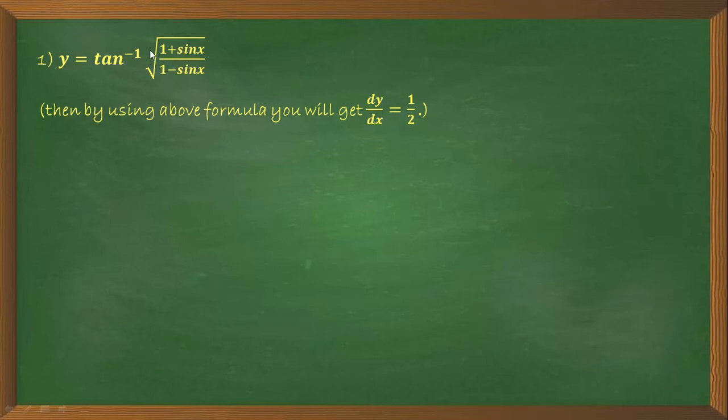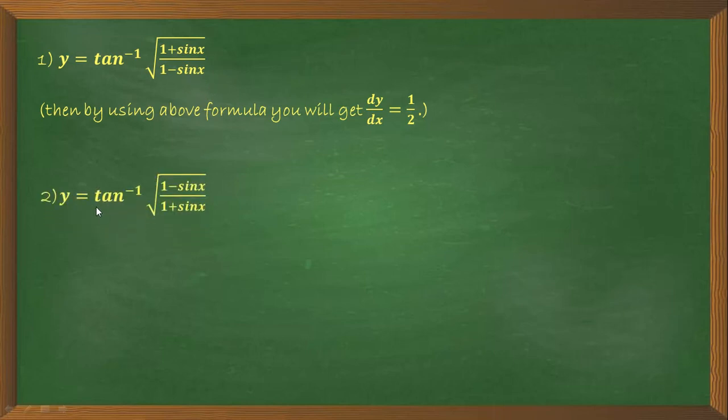After the simplification, this can be converted to tan of pi by 4 plus x by 2, and that's why tan inverse of tan of pi by 4 plus x by 2 means pi by 4 plus x by 2, and then taking the differentiation you will get 1 by 2. So you just remember and try to solve this by that relation.